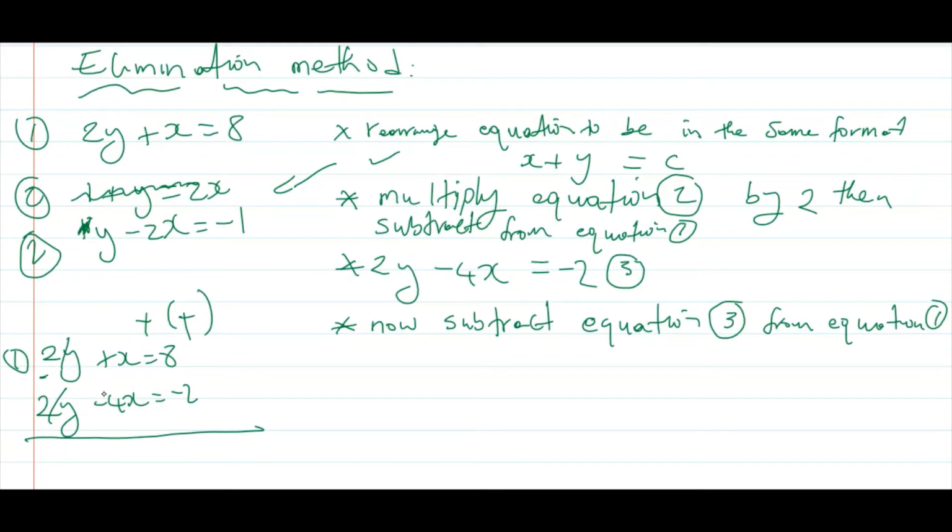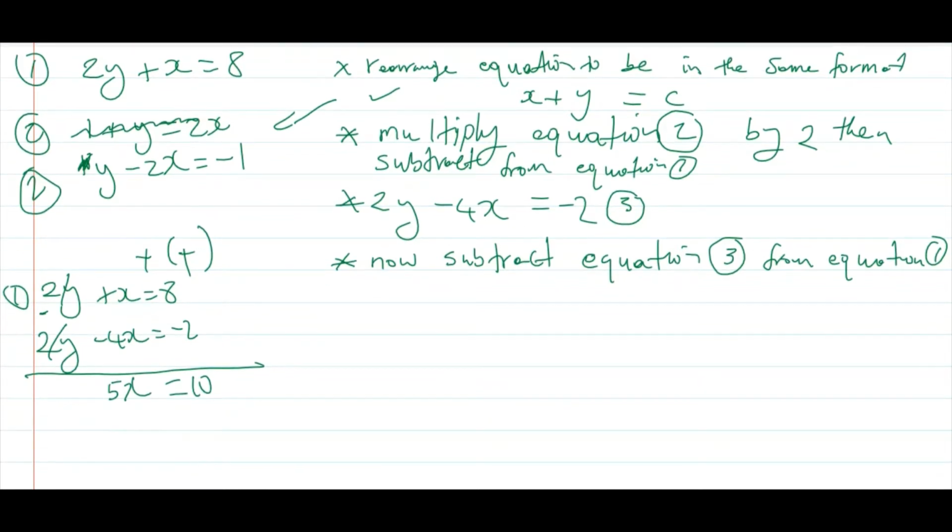Then x minus minus 4x is minus minus, which becomes 5x, and 8 minus minus 2 becomes 10. Two minuses always form a positive, so they add instead of subtracting. So 5x equals 10, and x equals 2.